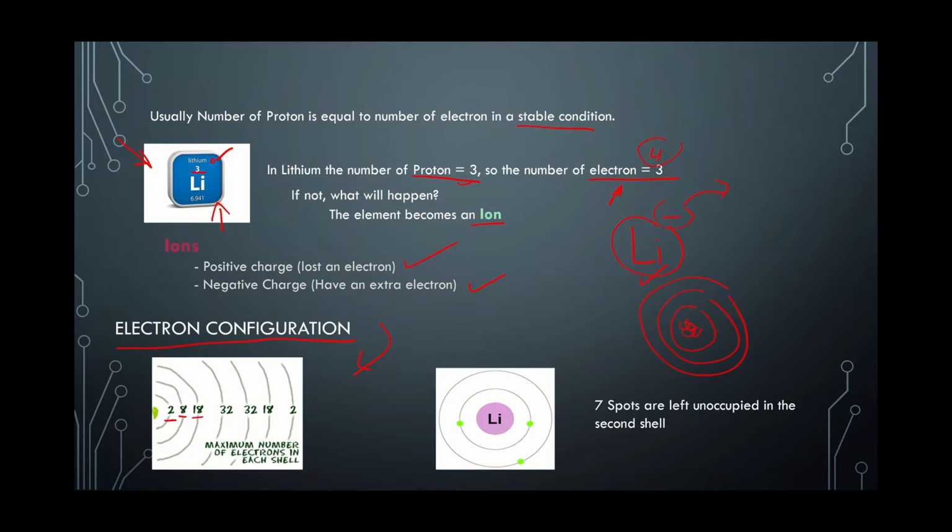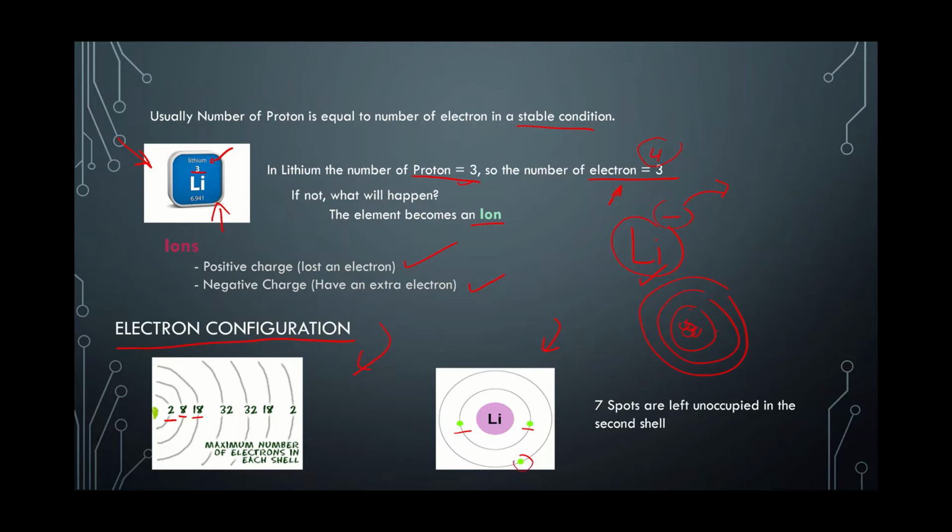For example, if we take the same element, lithium, as I explained, lithium has 3 electrons. So the first shell can accommodate a maximum of 2. Then one electron will be left, so it will be placed in the second shell.